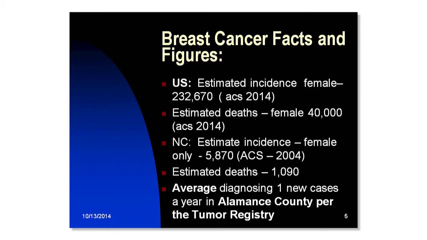In North Carolina, the incidence is 5,870 and the estimated deaths is 1,090. Now look, we made a boo-boo. Do you see what we did? 2004. Well, that is from 2004. That is true. That part's true. The average diagnosing one case a year? No, that's not true. We wish. It's about 150.